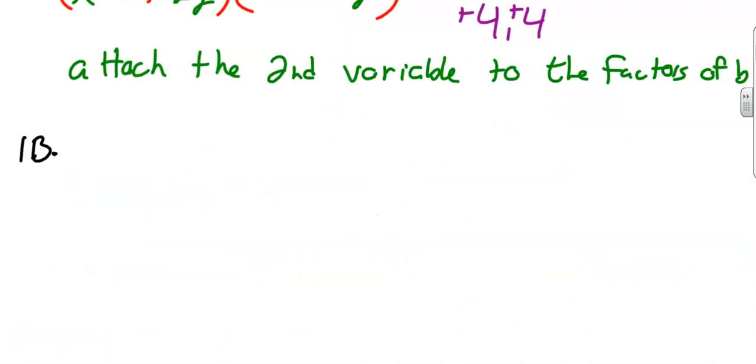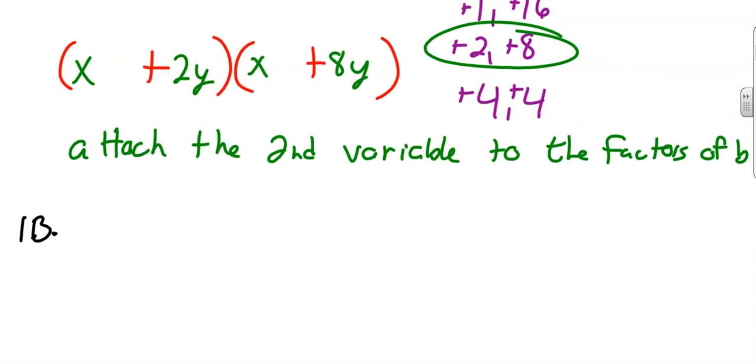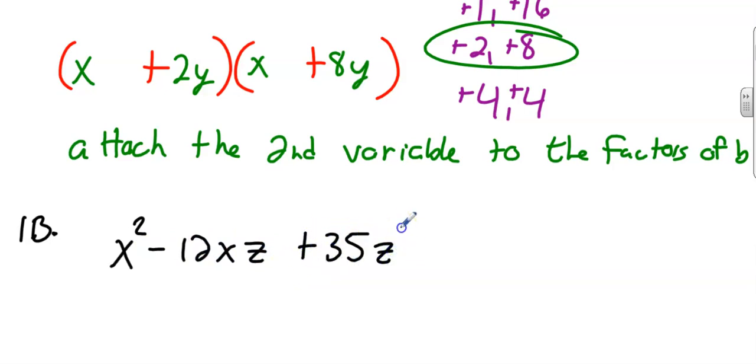All right, let's give you at least one more here. If we need to do another one after that, we can. Okay, so let's go with x squared minus 12xz and then plus 35z squared.